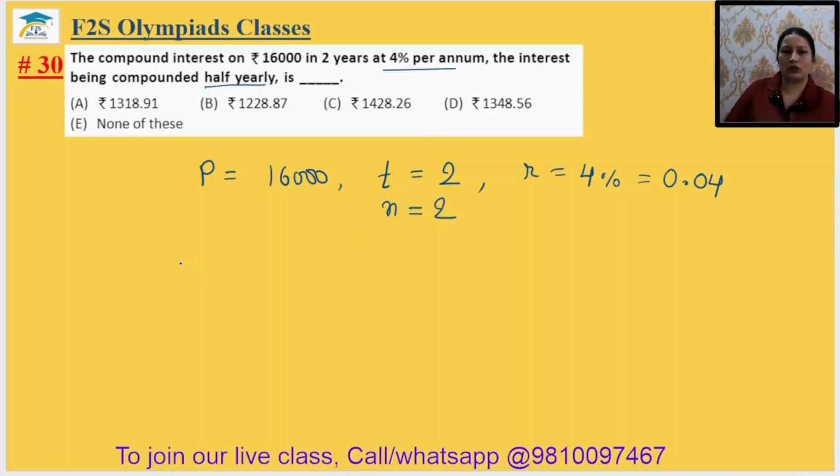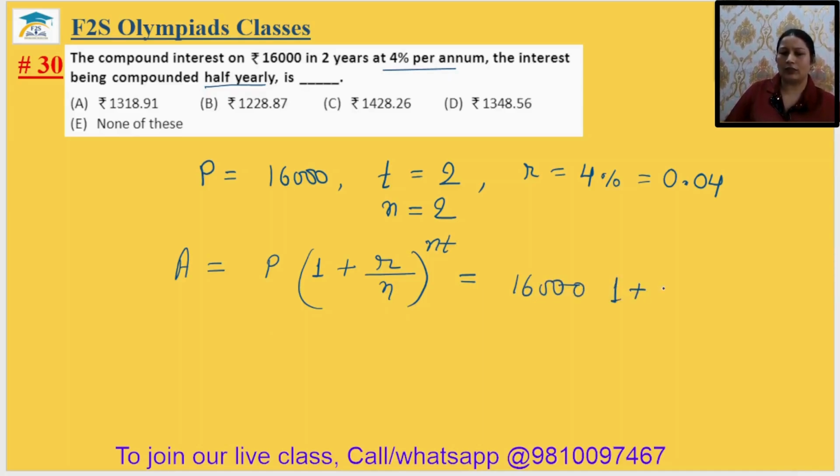So we know the formula for amount: A equal to P into 1 plus R by N to the power NT, where N is the number of compounding periods. Okay, so P equal to 16,000, 1 plus 0.04 divided by 2 to the power 2 multiplied by 2.